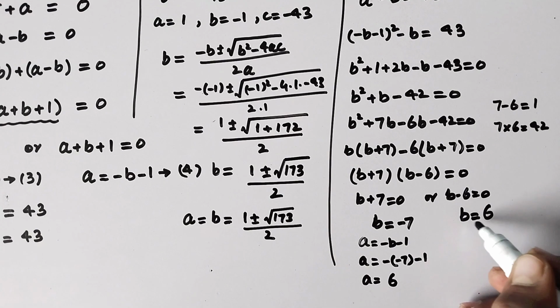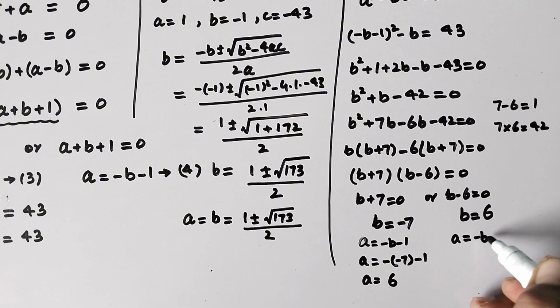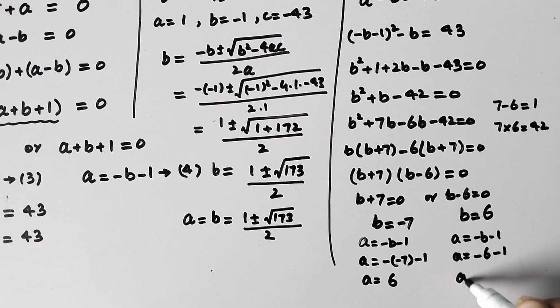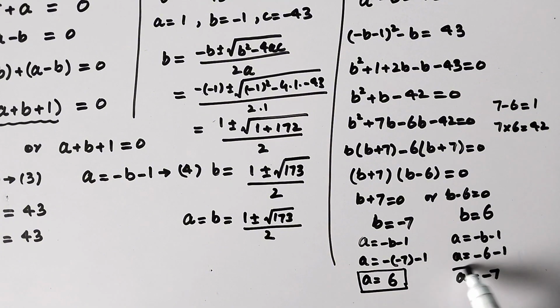And here when b is equal to 6 and a is equal to minus b minus 1, a will be equal to minus 6 minus 1, or a is equal to minus 7. So here are the values of a and b of the second solution.